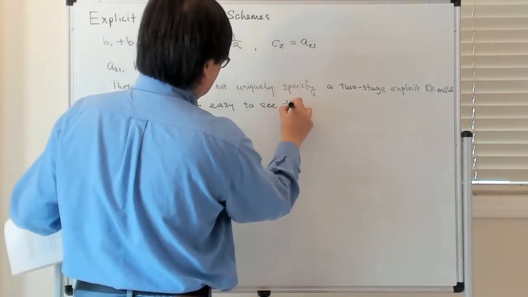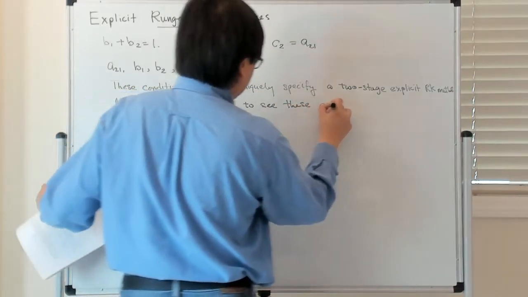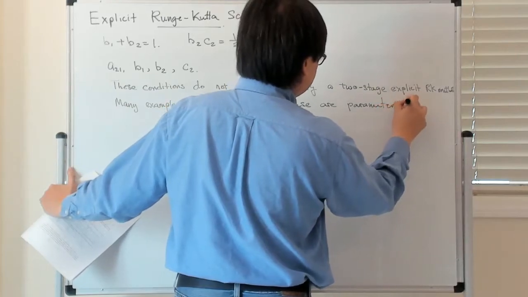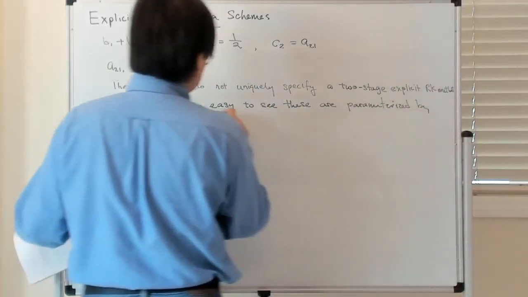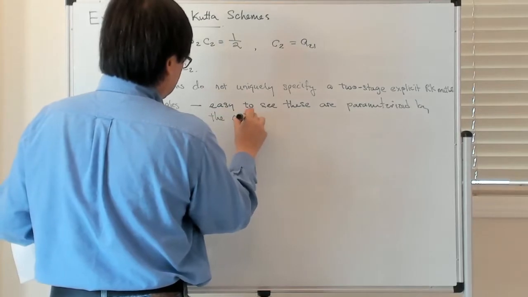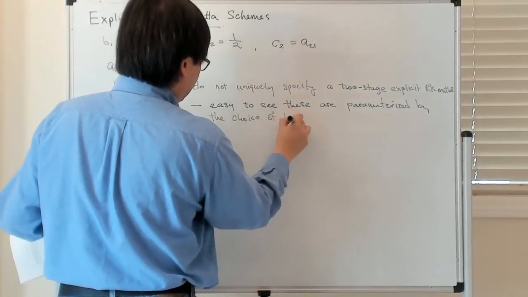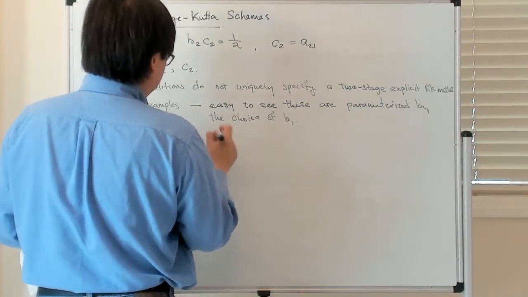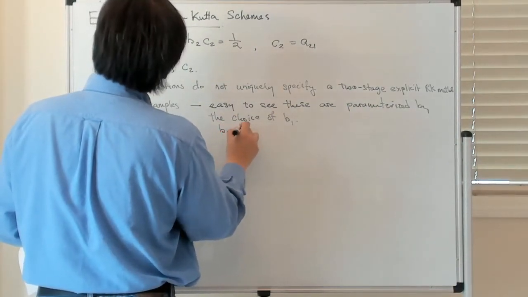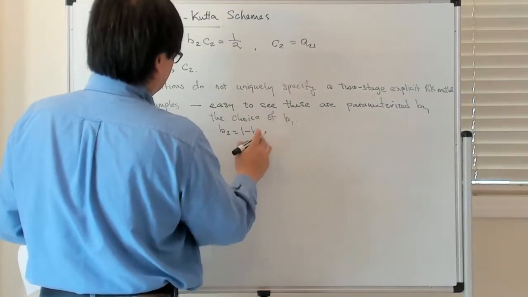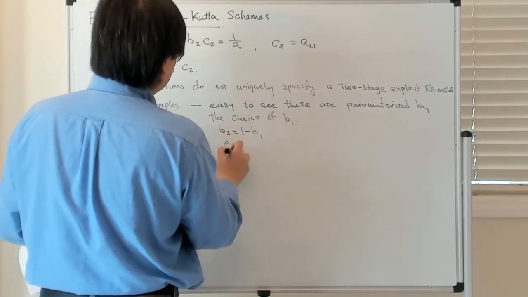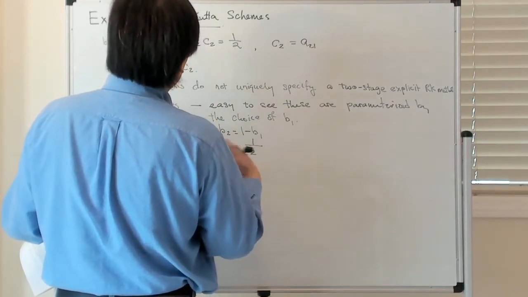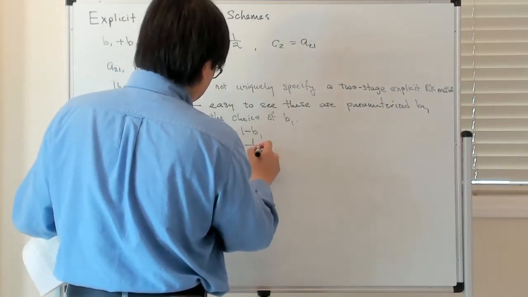So it's easy to see, right? These are parametrized by the choice of basically b1, right? And then b1 can be anything in the reals, right? So if you choose b1, then b2 is equal to 1 minus b1, right? And then from that, you know that c2 is equal to 1 over 2 times b2, which is 1 minus b1.